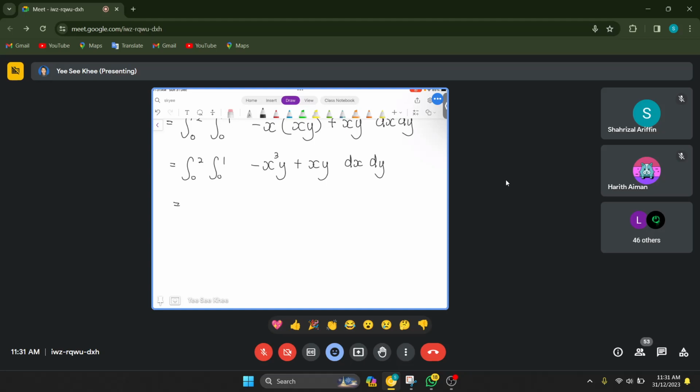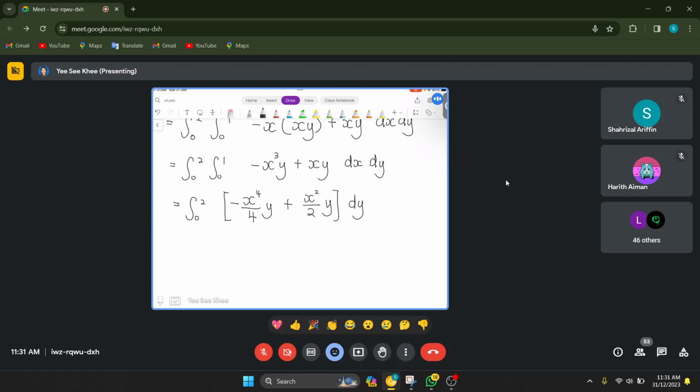Let's solve this thing. Integrate with respect to x, you get negative x to the power 4 over 4, and the y remains. For the second term, x to the power 2 over 2, y remains.